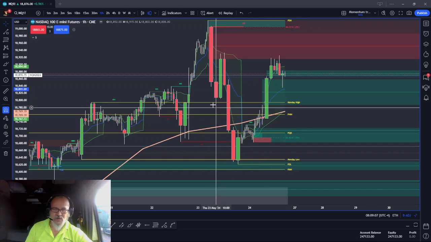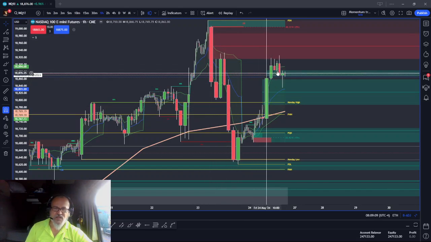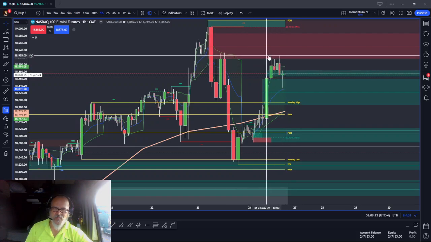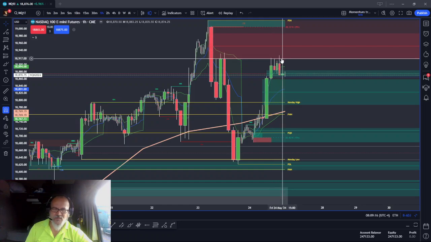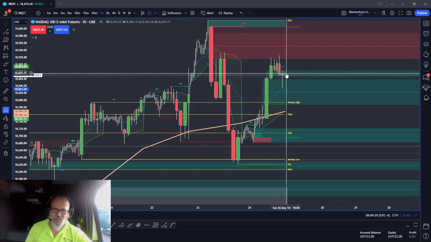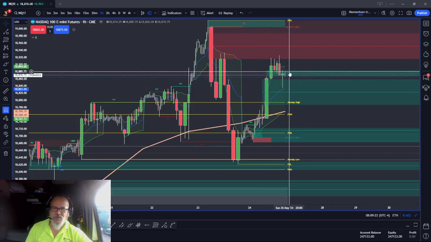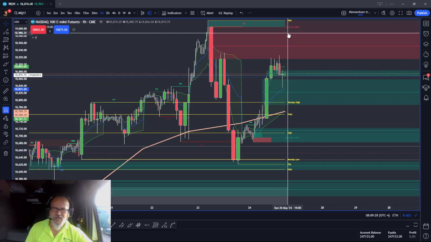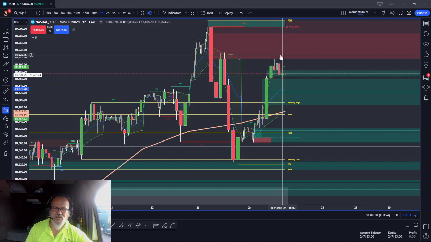So we have a model going on here. We have this consolidation that we're in now. We had our push up from consolidation, then our push down. That put us right back into range. So I would be looking for this to continue up once we get the market structure shift.